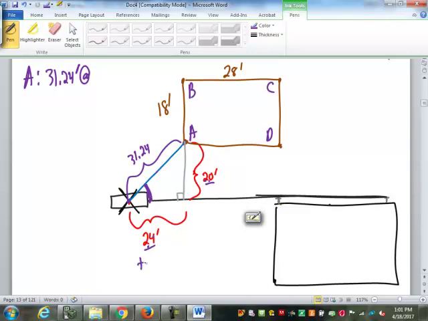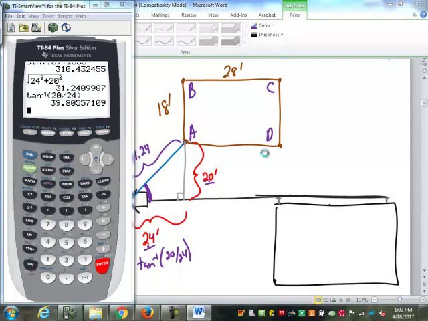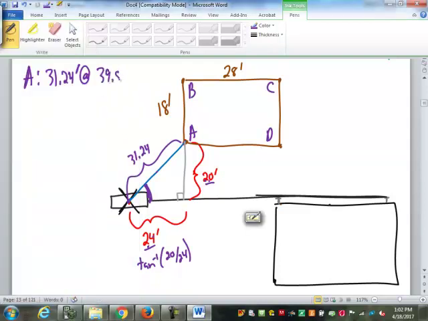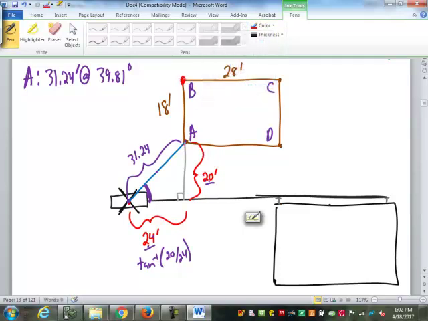So that angle is just going to be the inverse tangent of opposite over adjacent, 20 over 24. Exactly. So 39.81 degrees. We can locate that corner by turning this to 39.81 degrees and measuring out 31.24 feet.